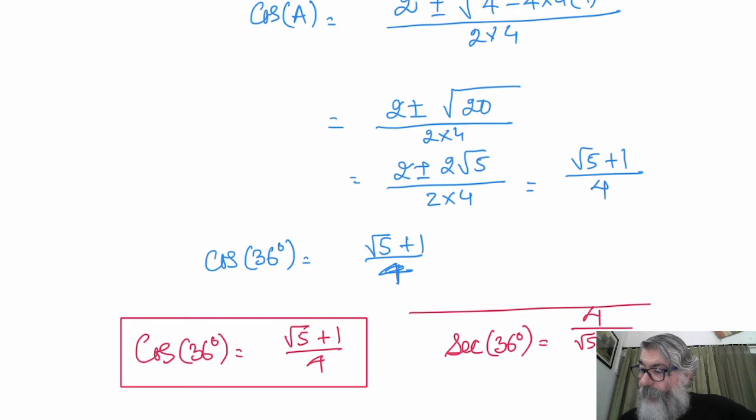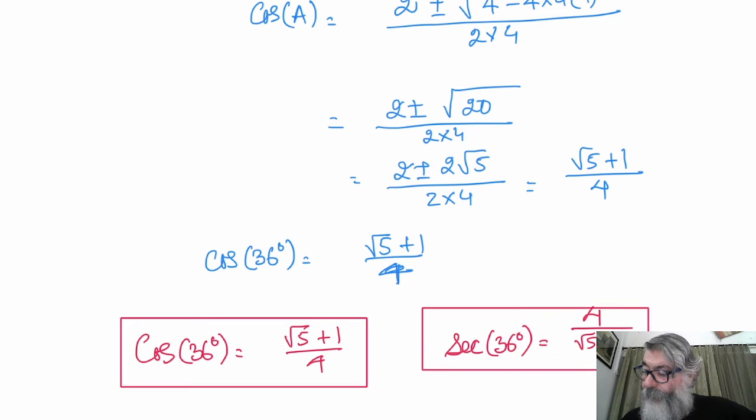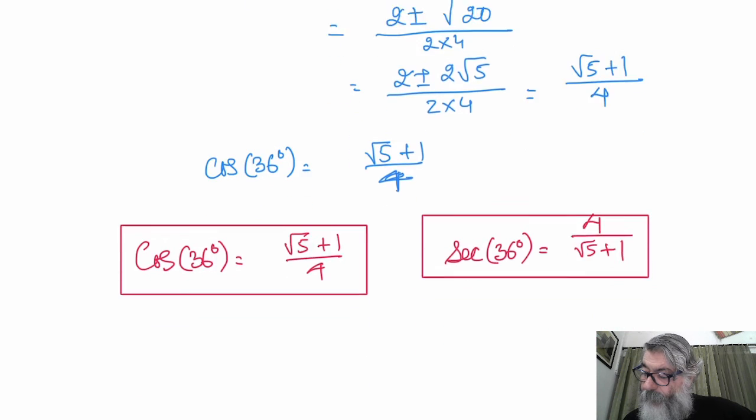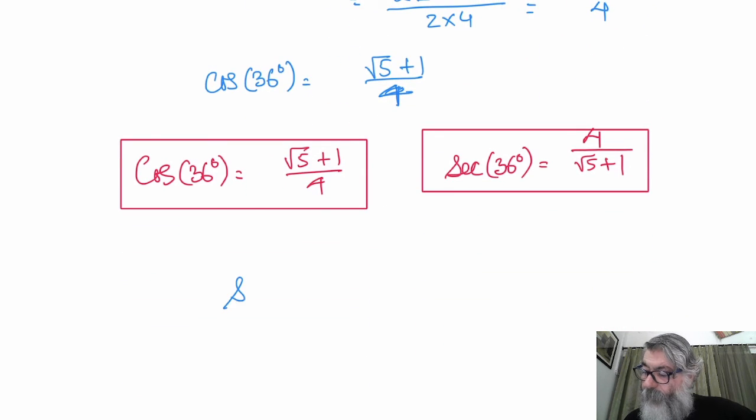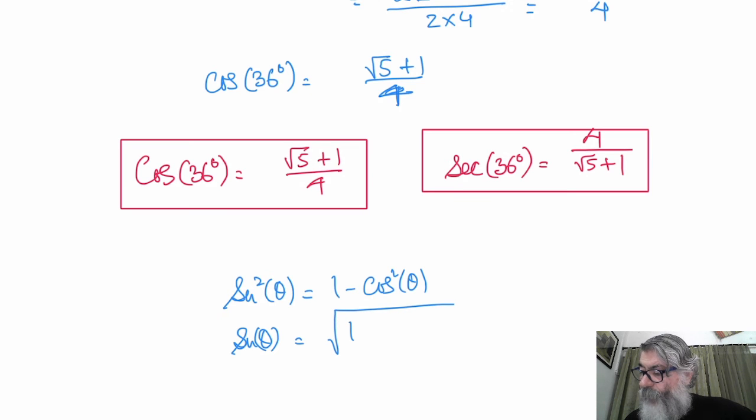Now let's do the value of sine. We got the value of cos, let's find out the value of sine. Sine square theta is 1 minus cos square theta, or sin theta is, I'm going to take not plus minus, only the plus sign, root of 1 minus cos square theta.